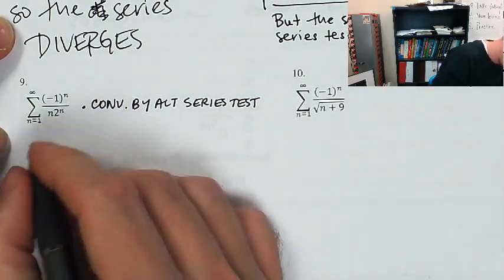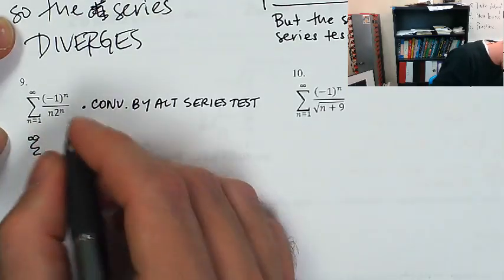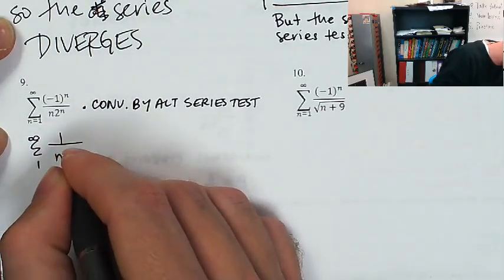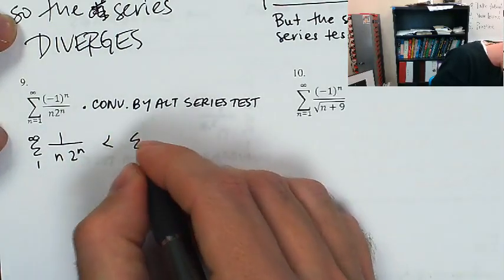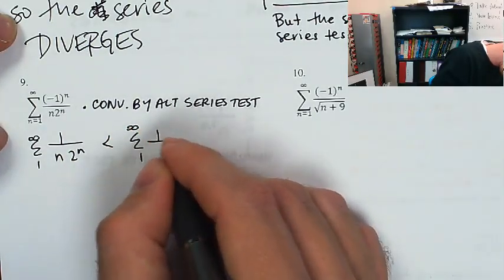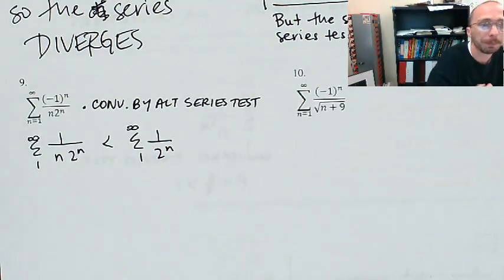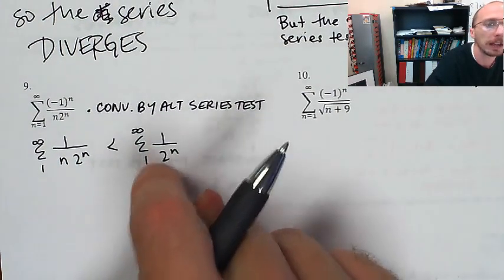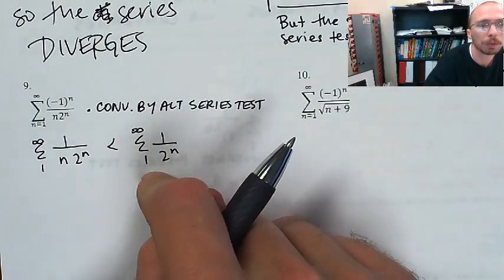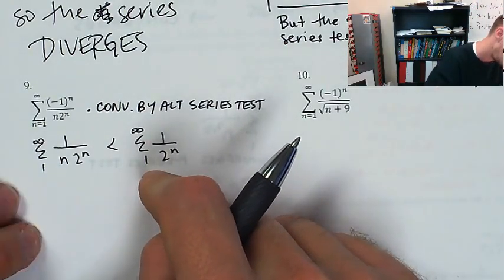Okay. Now I'm going to consider what would happen if it wasn't alternating anymore. 1 over n times 2 to the n is less than 1 over 2 to the n, right? Because as n gets bigger, I'm just multiplying by more in the denominator. I got a smaller fraction. And I know that this is finite because it's a geometric series with ratio between -1 and 1.